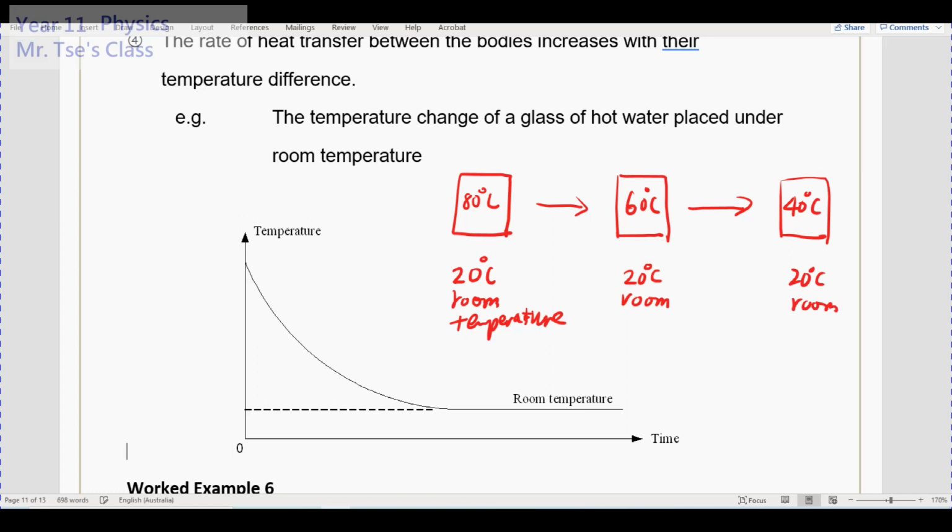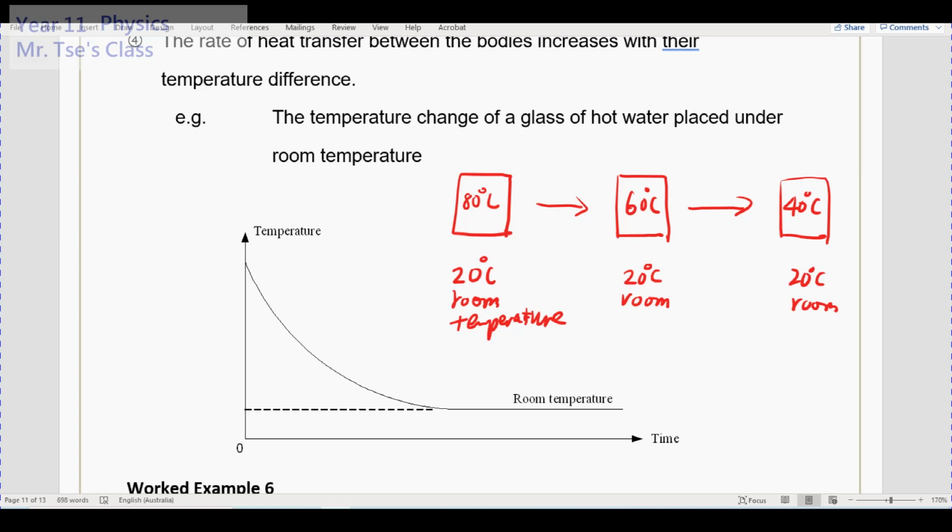The room temperature won't change a lot when that water cools down. So the problem is, from 80 degrees to 60 degrees, you lost 20 degrees. From 60 degrees to 40 degrees, you lost another 20 degrees. But will they take the same time?